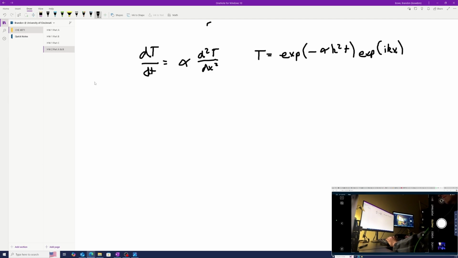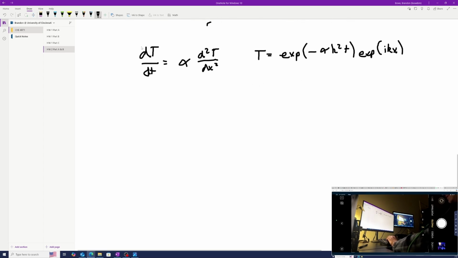For homework 2, part A, for our last part, we're going to be discussing why changing our R value above 0.5 causes our system to pretty much expand to infinity based on its stability.